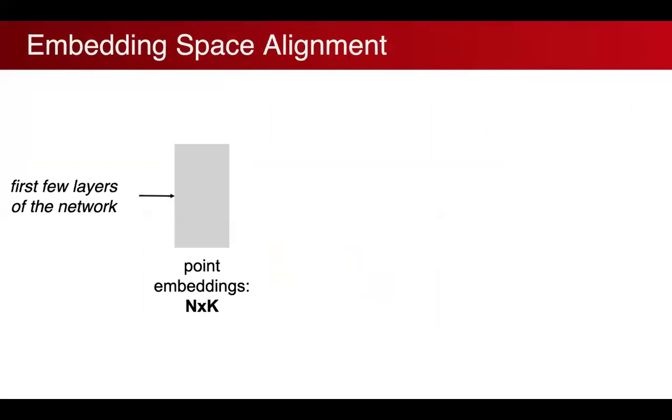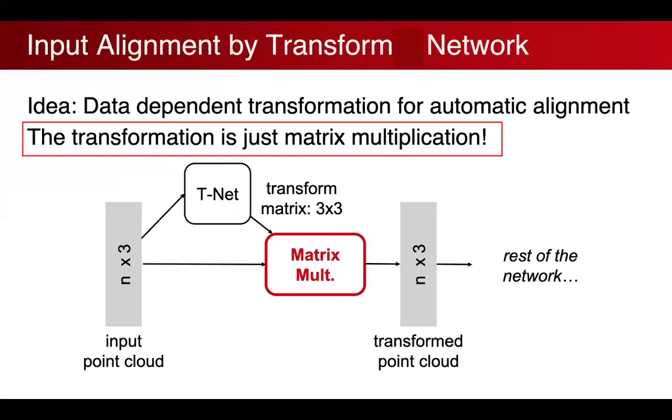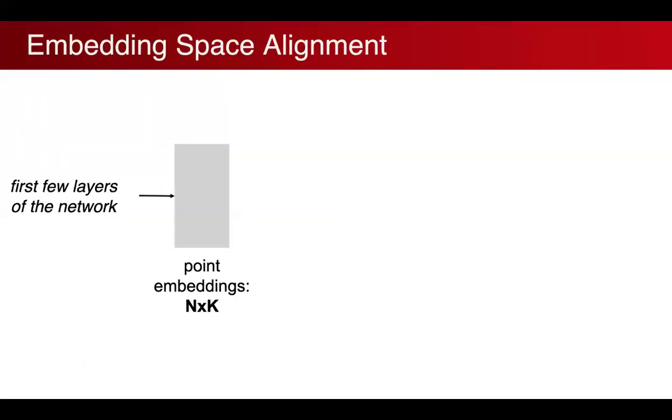And so this third element of the PointNet network is this embedding space alignment that takes this transformation network and combines this with embeddings. So we have the first layers of the network.